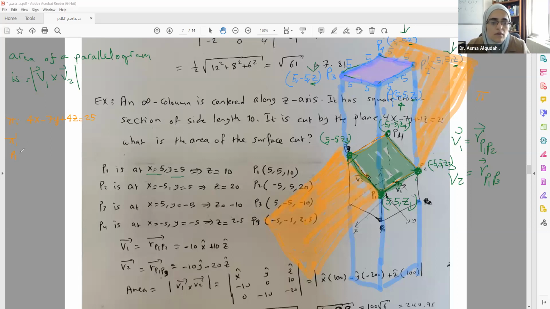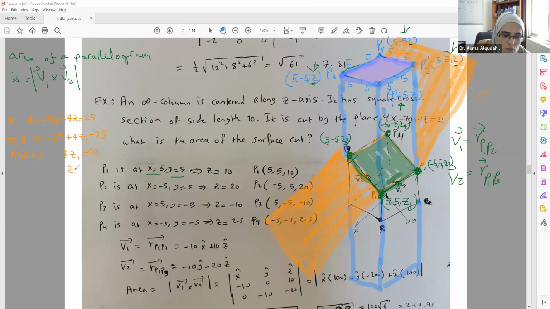Substituting in the plane equation for point P1, which is 5, 5, Z1, we have 4 times 5, 20, minus 35, plus 4Z1 equals 25. So we have minus 15, so 4Z1 equals 40.